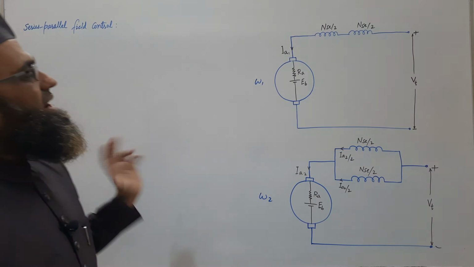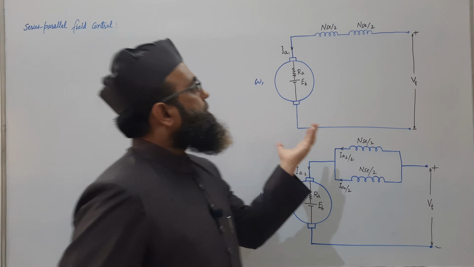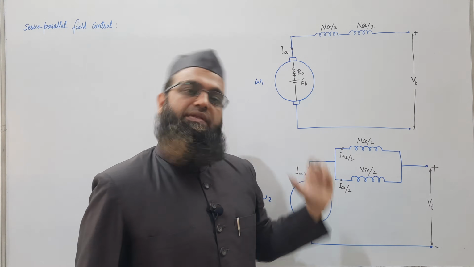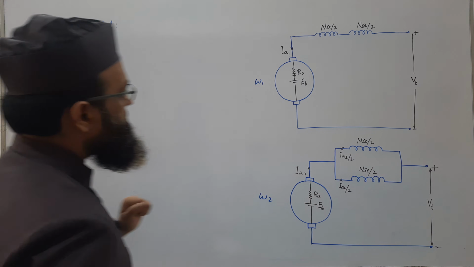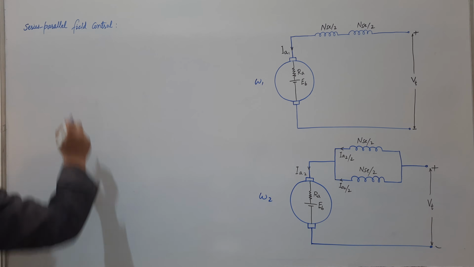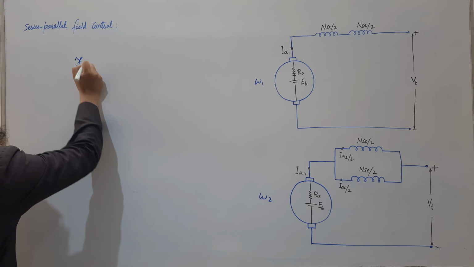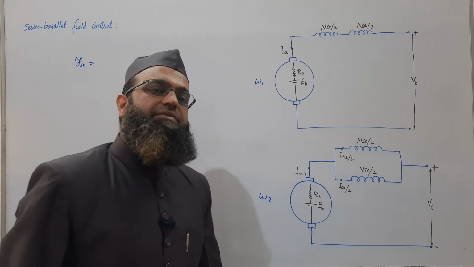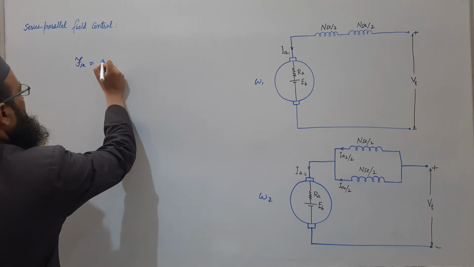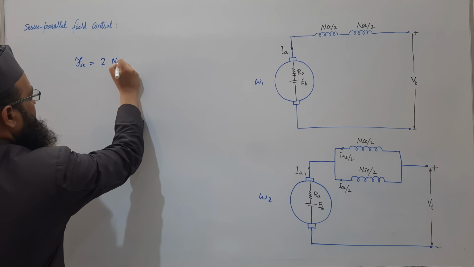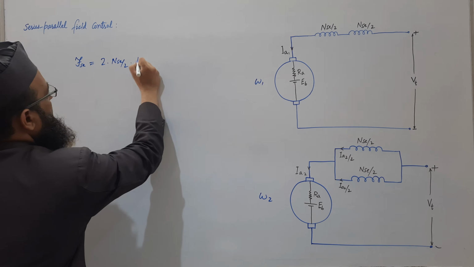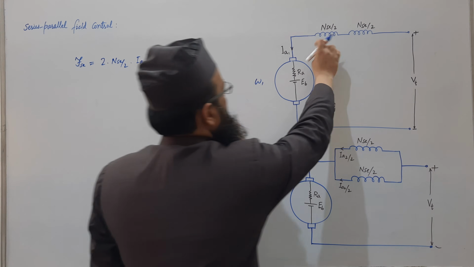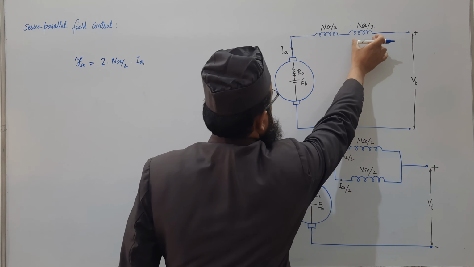Let us take the simple case when the series field winding is divided into two equal halves, then we will generalize the case. For this case, the series field MMF will be equal to, as we know that MMF is number of turns times current, twice of NSE by 2 into IA1, that is NSE by 2 into IA1 plus NSE by 2 into IA1.